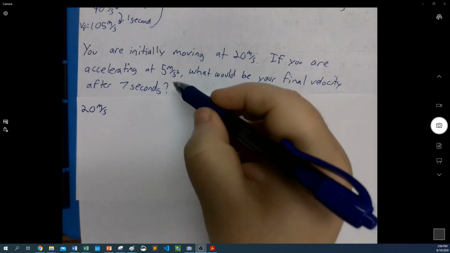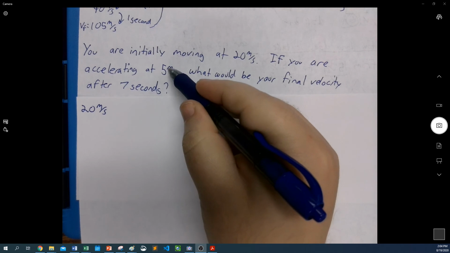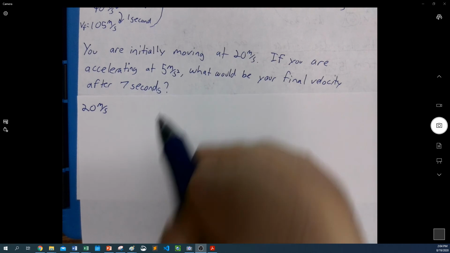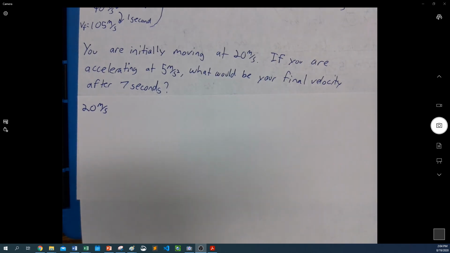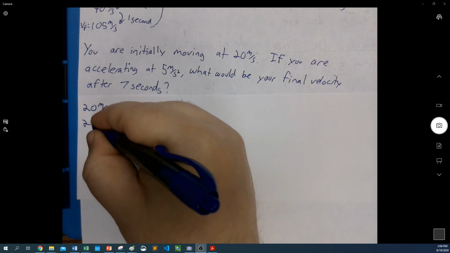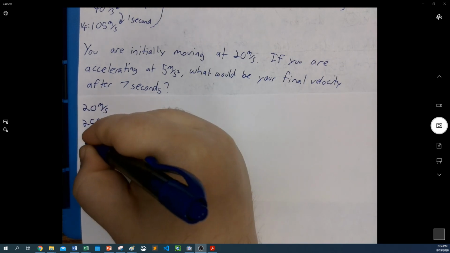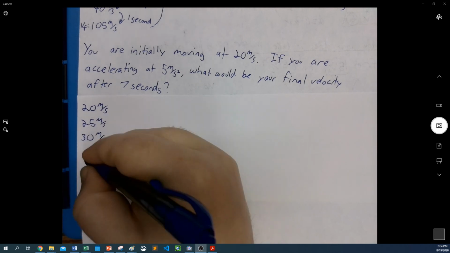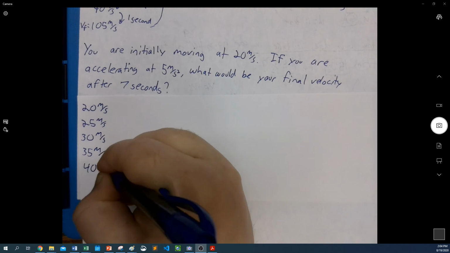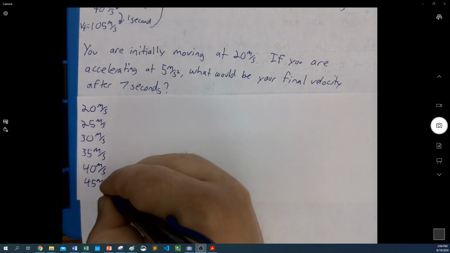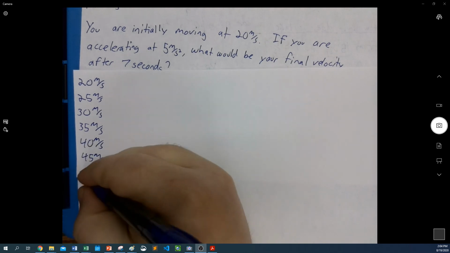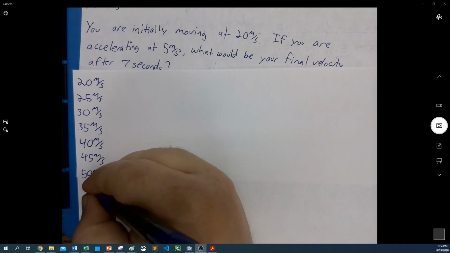And what this states is, if you're accelerating at 5 meters per second squared, that means every second you're gaining 5 meters per second. You should not be solving your work like this, but just to demonstrate to see if it makes sense.